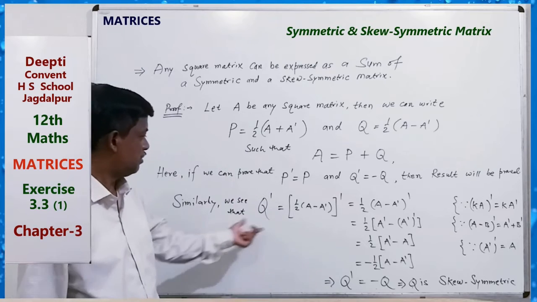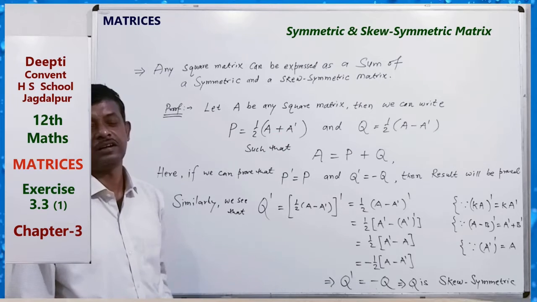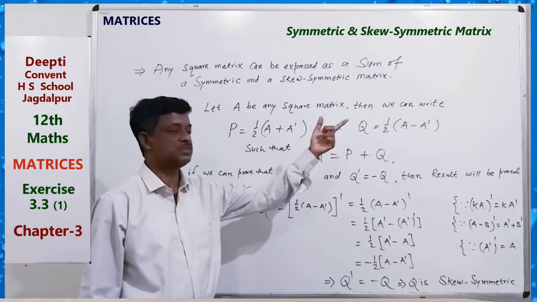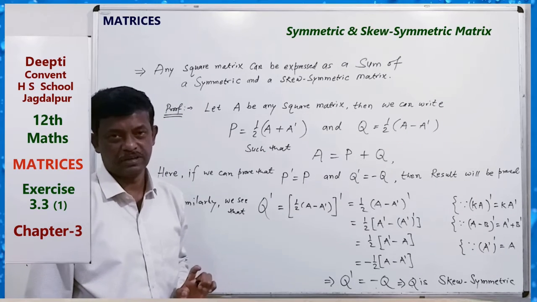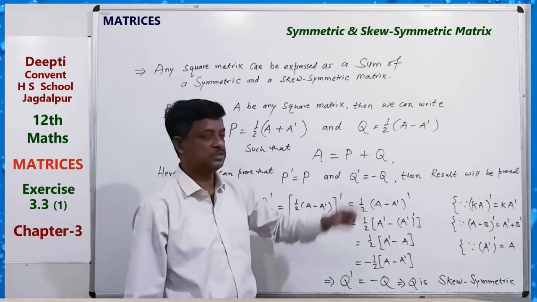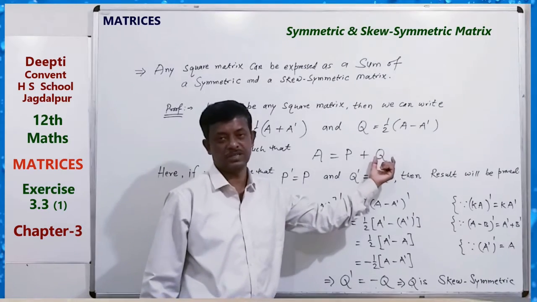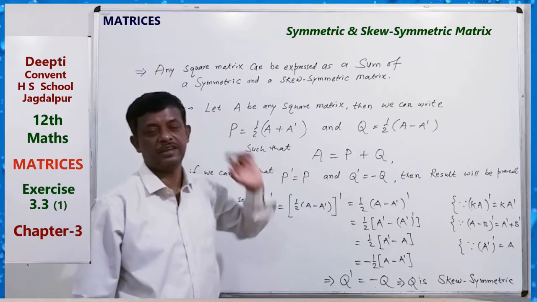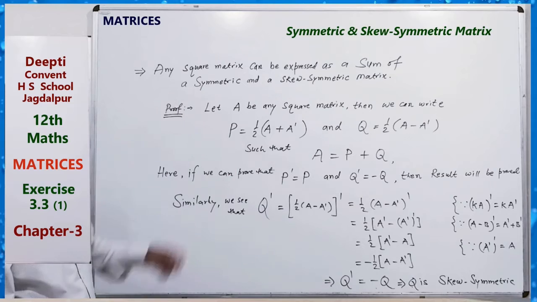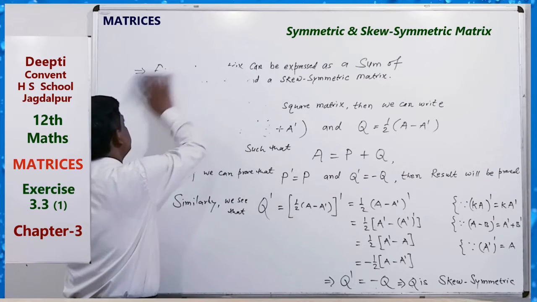We have proved that P is symmetric and Q is skew symmetric. So our result is proved, because A equals P plus Q. So the sum of symmetric plus skew symmetric is A. Okay, a very important theorem, so remember it.